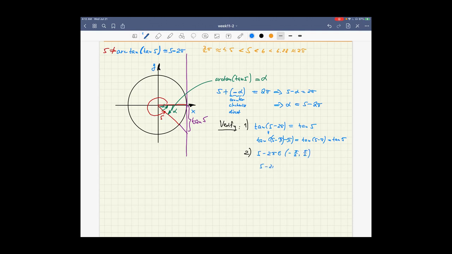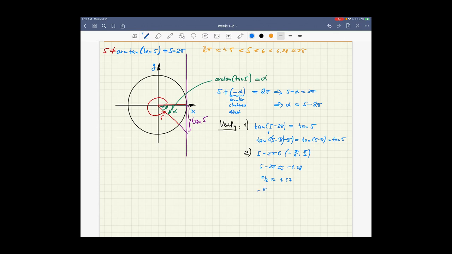Well, you can check 5 minus 2 pi is roughly negative 1.28, and pi over 2 roughly is 1.57.